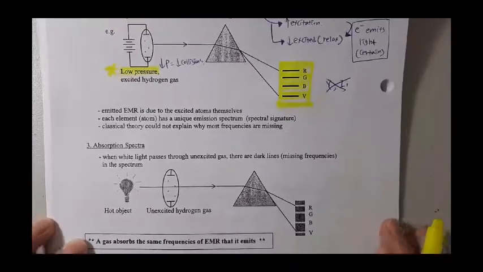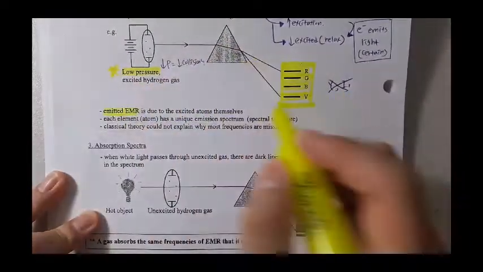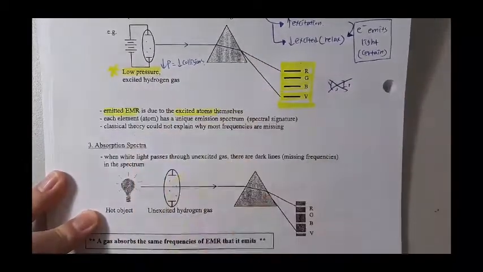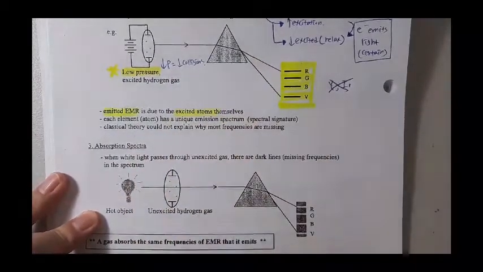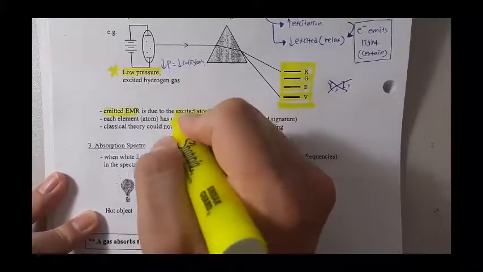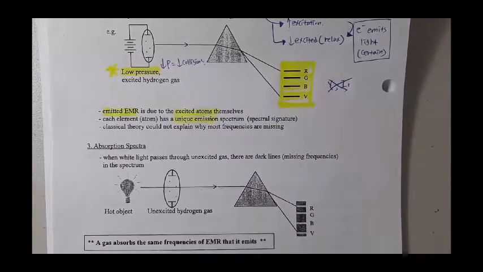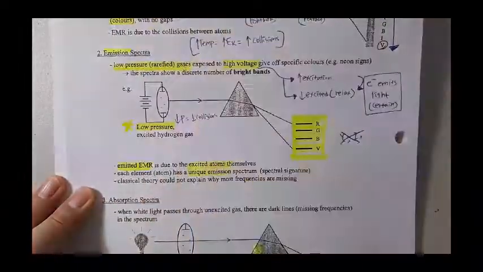So at this point, please understand that emitting a certain light is happening because of an excited atom, and during their relaxation, that's what happens. And each atom is excited differently, so that's why you have a unique emission spectrum. That's the second part. We call this, like the word suggests, emission spectra.